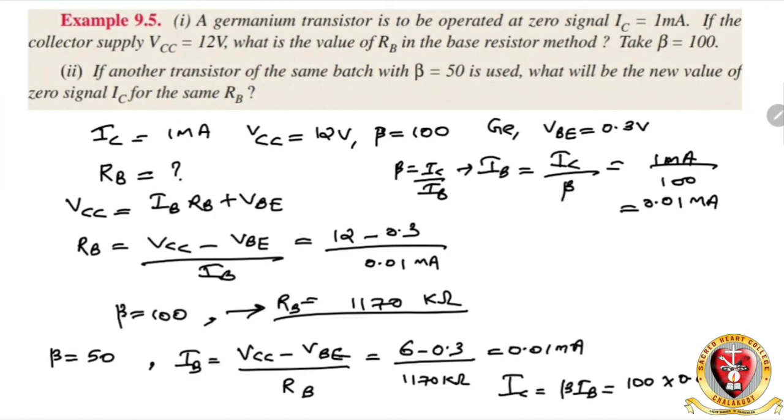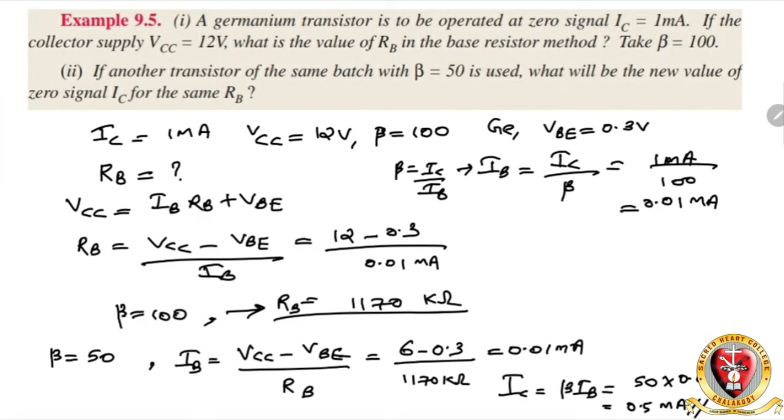In this case beta is not 100, it has changed to 50. So 50 into 0.01 is 0.5 milliampere. So if beta is 50, IC is 0.5 milliampere.